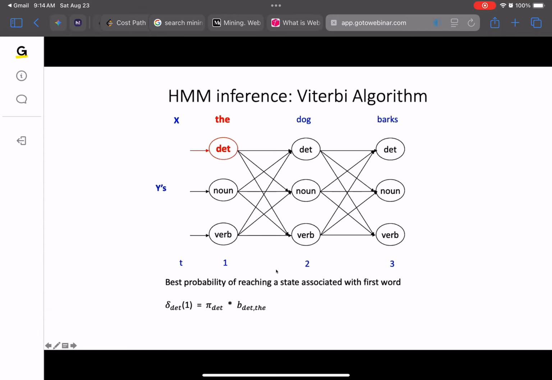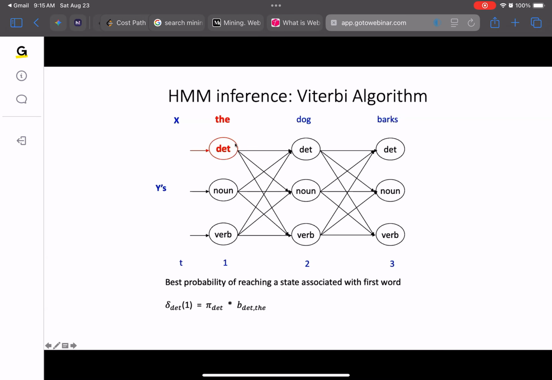In order to compute that, first let's see the possibility of coming from the determiner state, and in that state emitting the symbol the. This is computed by pi of det multiplied by the emission probability of the word the being in the state determiner.